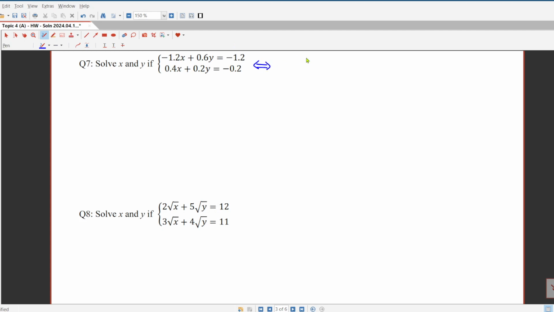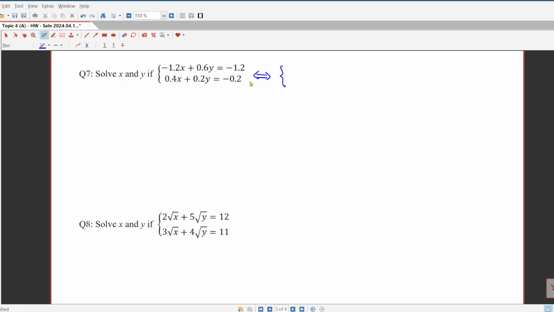So this is equivalent to, for the first equation, we can multiply both sides using number 5, right? Again, this is an equivalent transformation, does not change the solution set, but only will change the coefficients from decimal numbers to integers, which gives us negative 6x plus 3y equals negative 6, right?